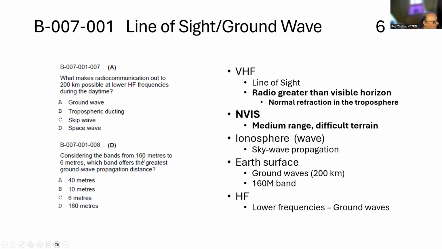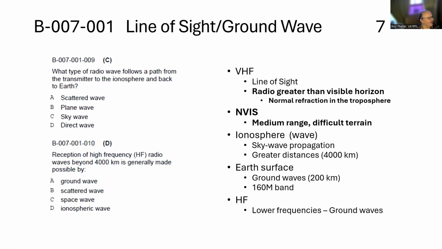Considering the bands from 160 meters to 6 meters, which band offers the greatest ground wave propagation distance? This would be the lowest frequency or the longest wavelength band. So D would be the correct answer, 160 meters. What type of radio wave follows the path from the transmitter to the ionosphere and back to the Earth?